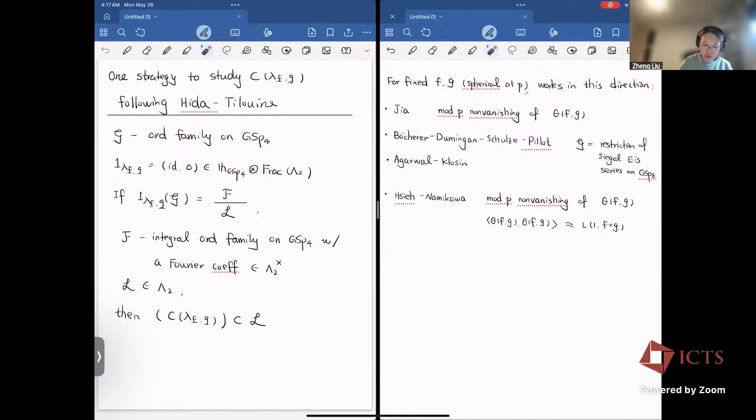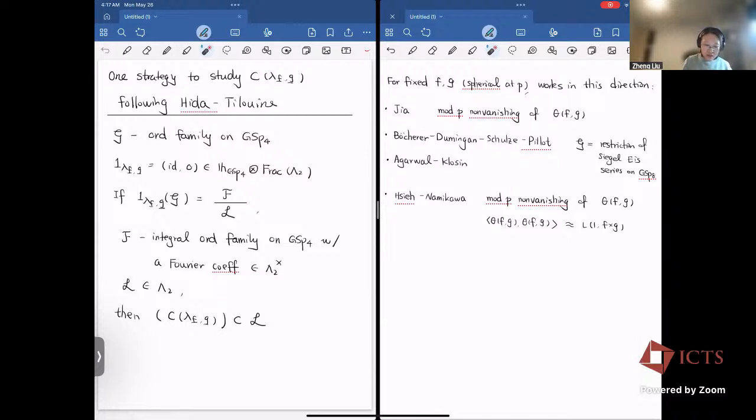For example, when they use this Siegel Eisenstein series from GSp8, they have to assume that when p divides the denominator, it will not divide the numerator, instead of directly proving that the numerator is a unit.